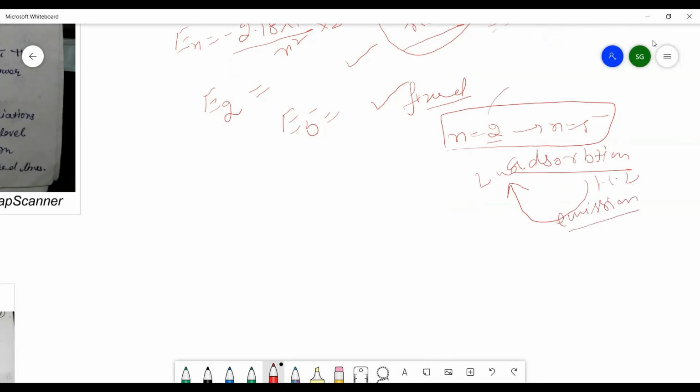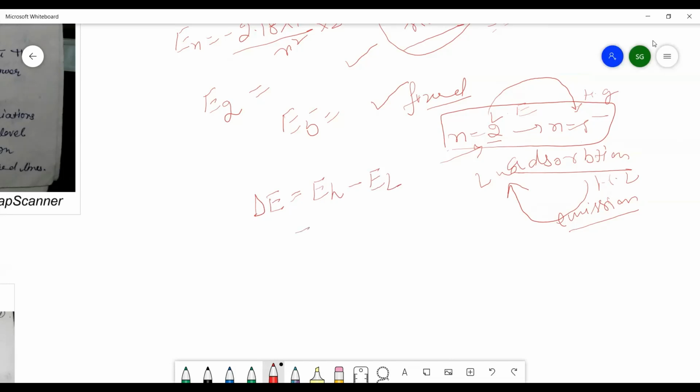So absorption means the electron absorbed energy, and after absorbing energy it changed its position. When energy is absorbed, obviously it will move from the lower energy level to the higher energy level. In that manner, the energy changes, and that is denoted by delta E, which is equal to E highest minus E lowest.